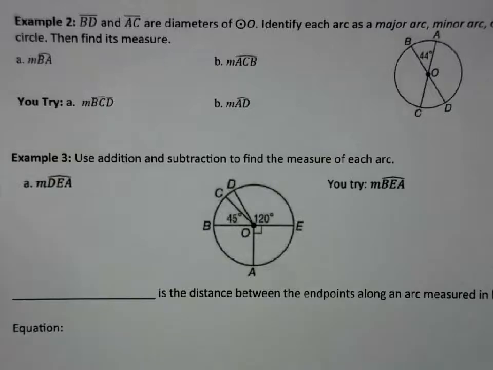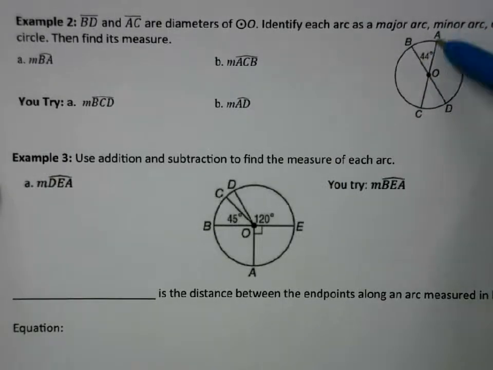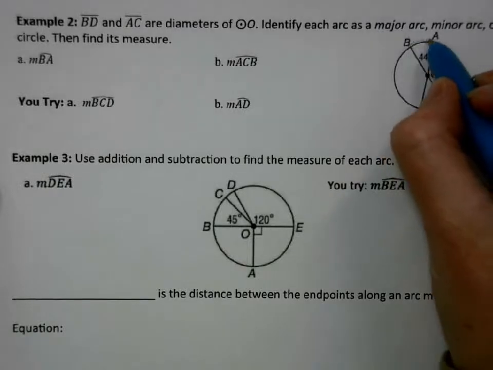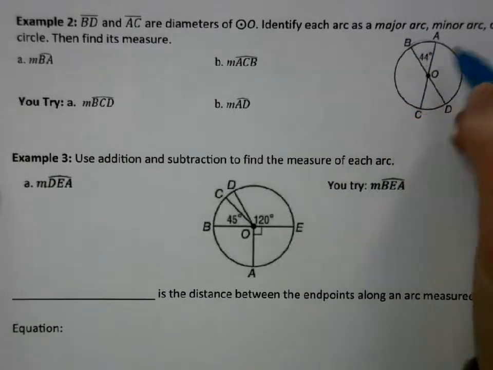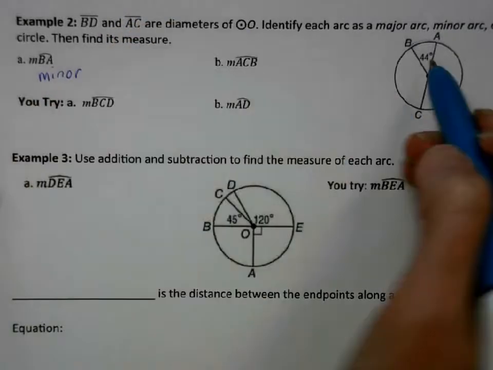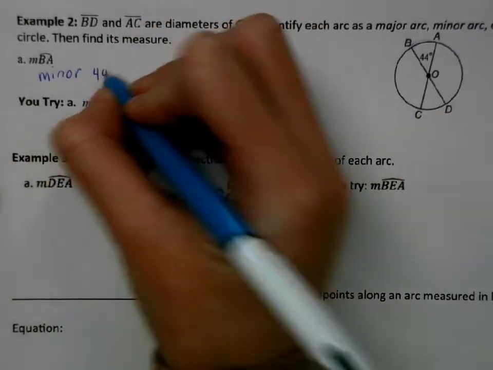All right, so in this diagram, BD and AC are diameters. We're going to identify the arc as major, minor, or semicircle, and then we're going to find its measure. So BA is this arc right here. The measure is less than 180, so this is a minor arc, and its measure will be 44.